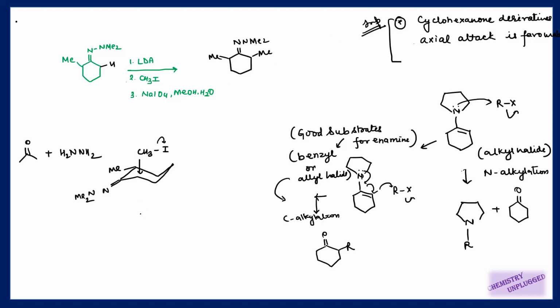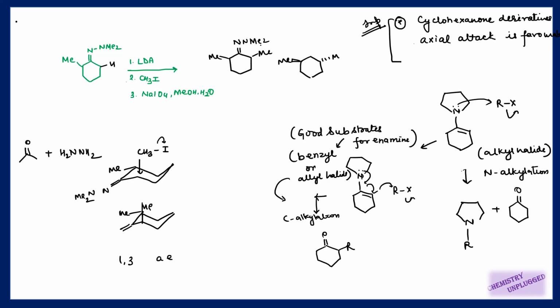Then you can easily find out its attachment side: I have one methyl group equatorially placed and one methyl group at the axial position. These are 1,3 to each other, and 1,3 axial equatorial means they should be trans to each other. Means if one is above the plane, the other one will go below the plane.